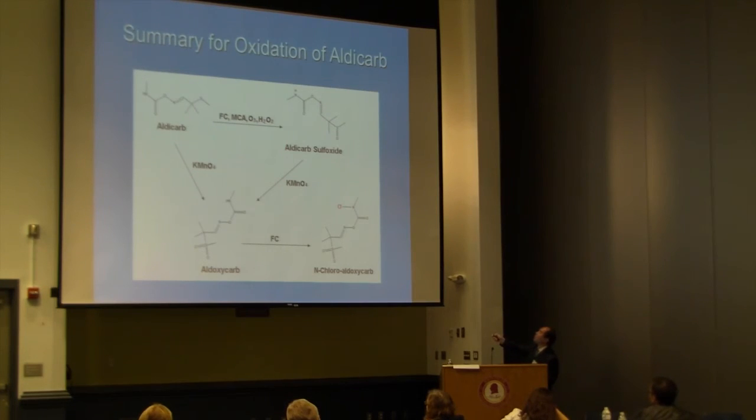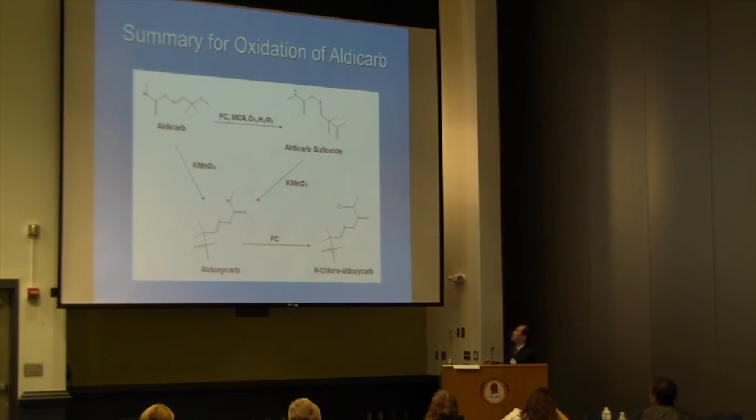It's called aldicarb sulfoxide. And then this compound will produce this one, aldicarb sulfone, under permanganate. Okay. And also, this compound can directly produce this, and then this. Right? So that means this one will produce this byproduct.